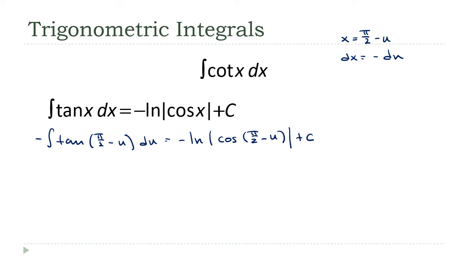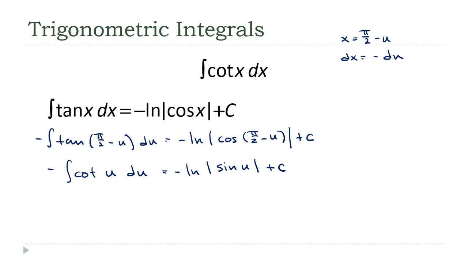Tangent of pi over 2 minus u is cotangent. This is negative integral cotangent of u du, equal to negative ln of cosine of pi over 2 minus u, which is the sine of u. So this is the absolute value of sine of u plus a constant.